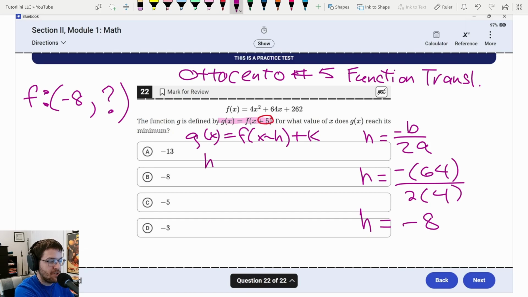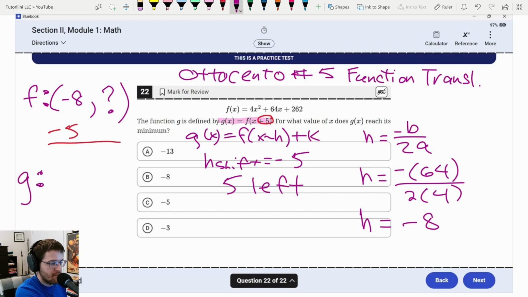So the horizontal shift is -5, in other words, 5 left. So if I move a point at -8 and move it 5 to the left, in other words, just take away 5, the vertex of g will be -13, comma, question mark, which gives us answer choice A.